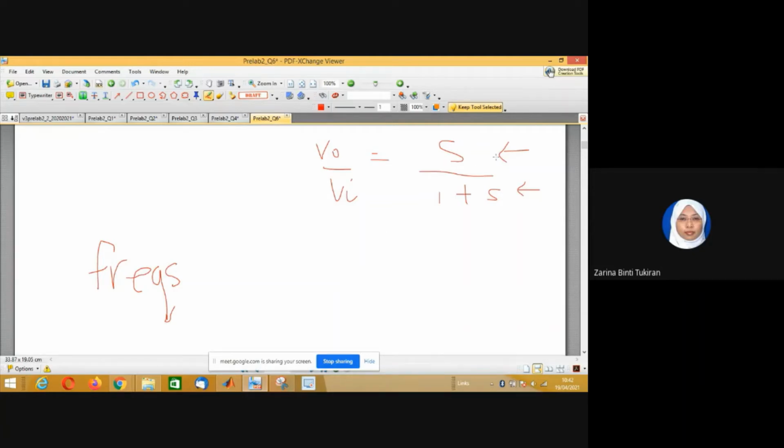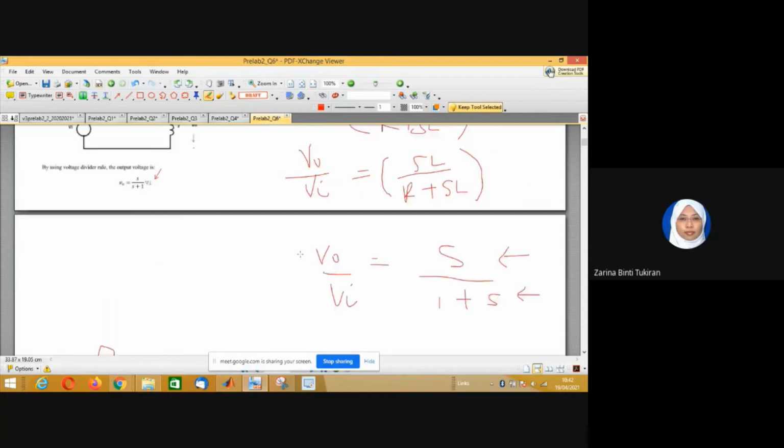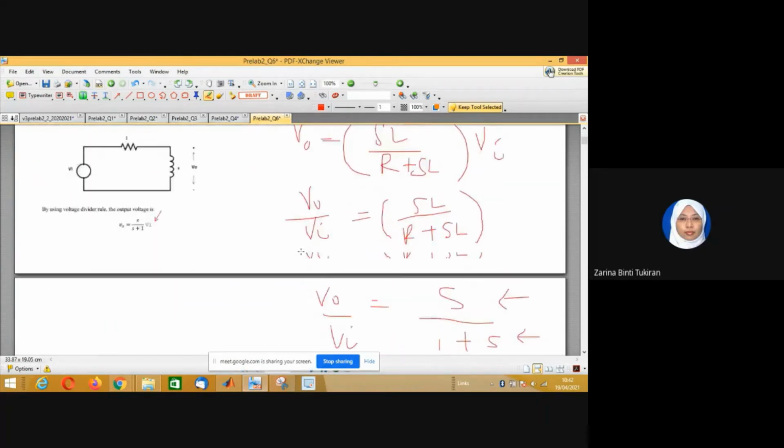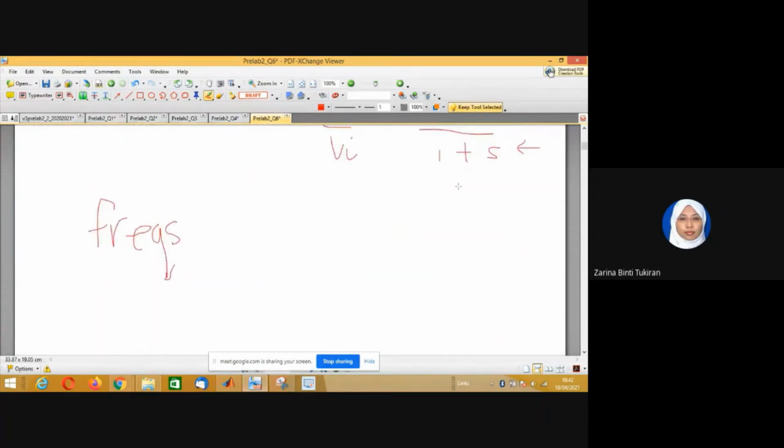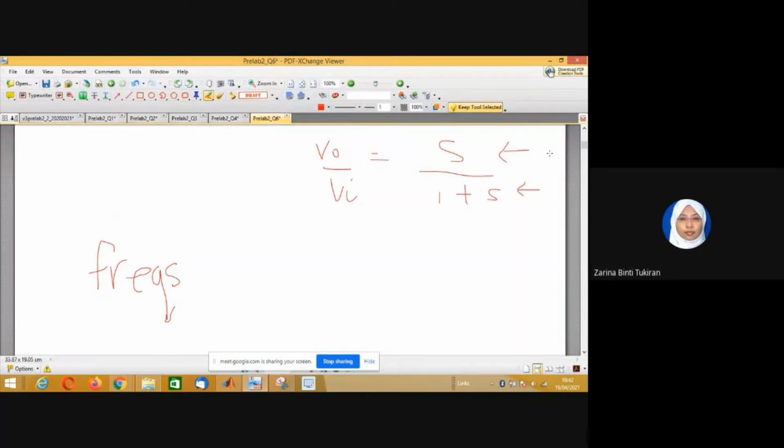As you can see here in the code, it provides you with B equals 1, 0, and A equals 1, 1. So this is in the MATLAB.